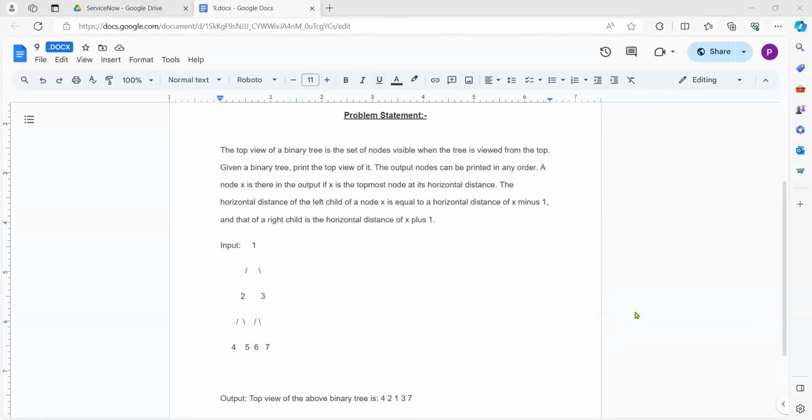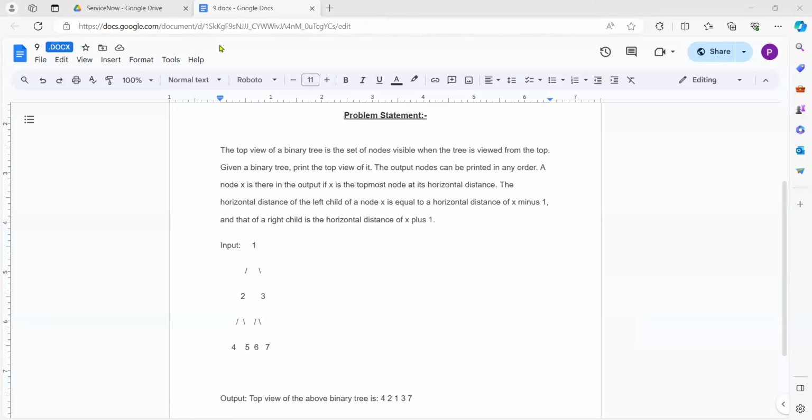The top view of a binary tree is the set of nodes visible when the tree is viewed from the top, like what you can see from the top. When you are reading this for the first time, you'll find it strange, but let us finish the problem statement, then you'll understand. Given a binary tree, meaning at most two children are possible, print the top view of it.